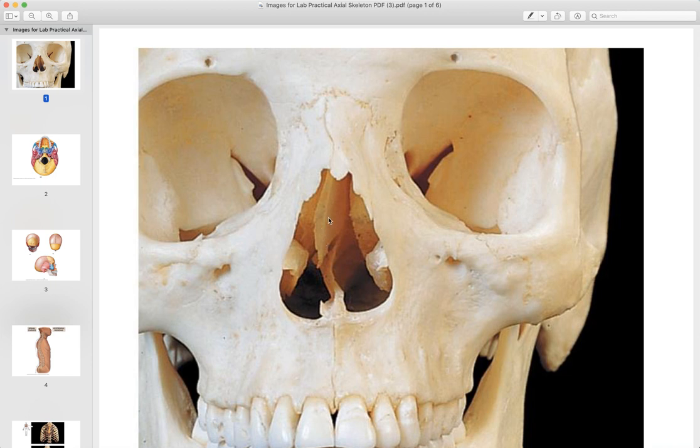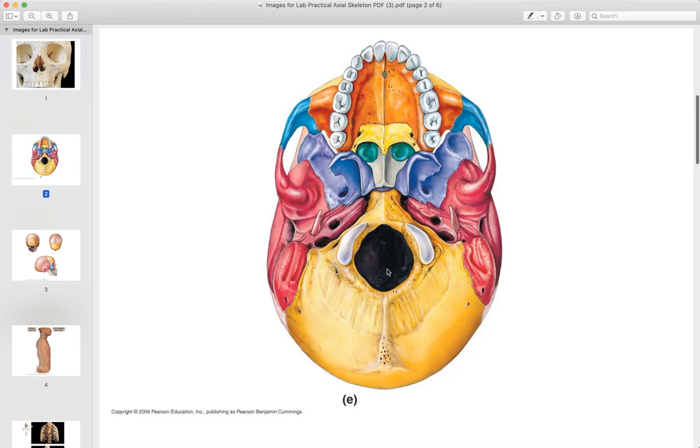So now we're going to move on to markings, foramina, fissures, and landmarks. Okay, so the foramen magnum, that is right here.